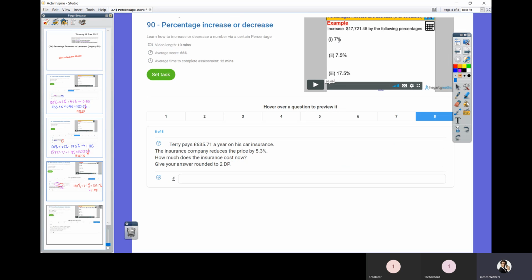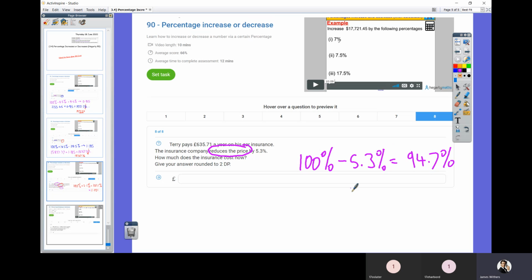And then question 8, just read the words carefully. The insurance company reduces the price, so it's going to become smaller. Our multiplier is going to be less than 1. So you start off with your 100%. Because you're reducing the price, you take away your 5.3%. Do that on your calculator. 100 take away 5.3 is 94.7%.